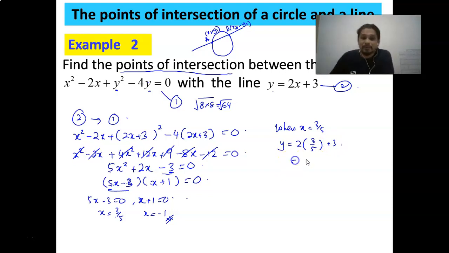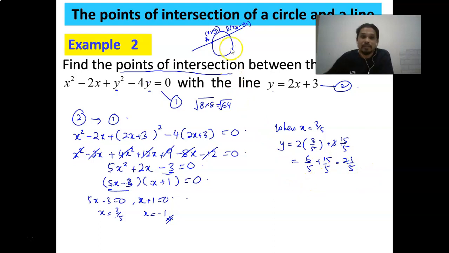Okay, so from here, 2 times 3 equal to 6 over 5 plus 3. Change into the form of a fraction over 5 here. 3 times 5 equal to 15 over 5. 15 divided by 5 is 3, that's it. 15 over 5, and you get here 6 plus 15, 21 divided by 5.